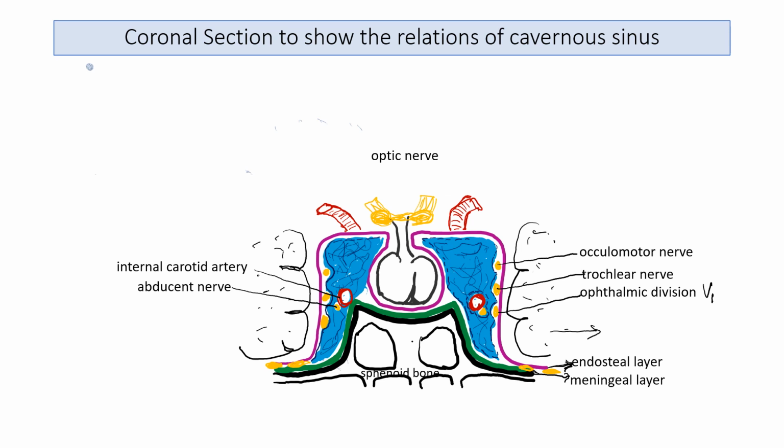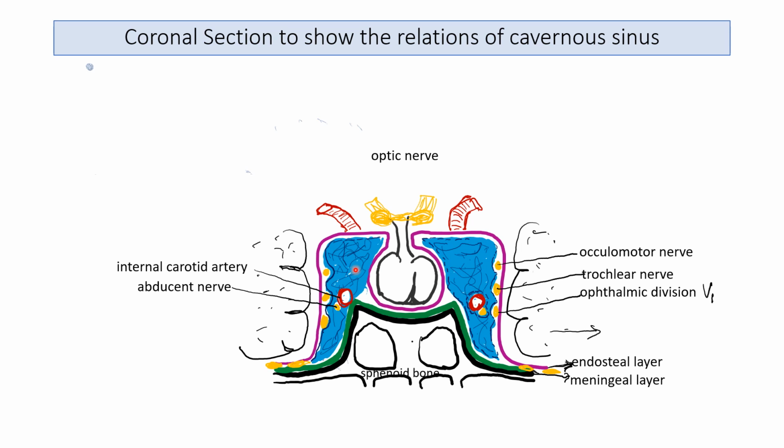Now with these structures we can appreciate that the cavernous sinus is related with important cranial nerves. So whenever there is infection or thrombosis of the cavernous sinus because of infective emboli, in the next slide I will tell you how the cavernous sinus is connected with the area outside the cranial cavity.